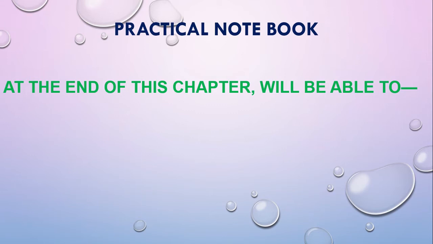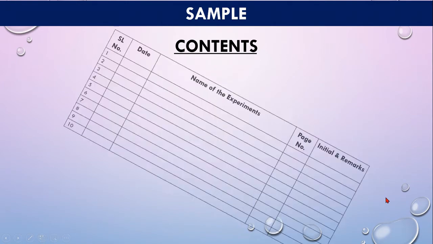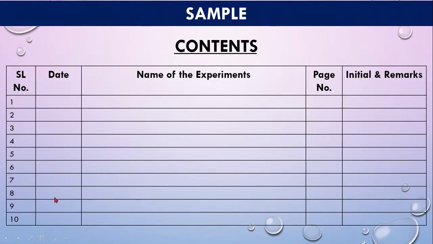Dear students, for the first couple of minutes I'll talk about how you write the practical notebook. If you have a look, this is the first page of your practical notebook or copy, where you find the contents first, and the contents look like a table.